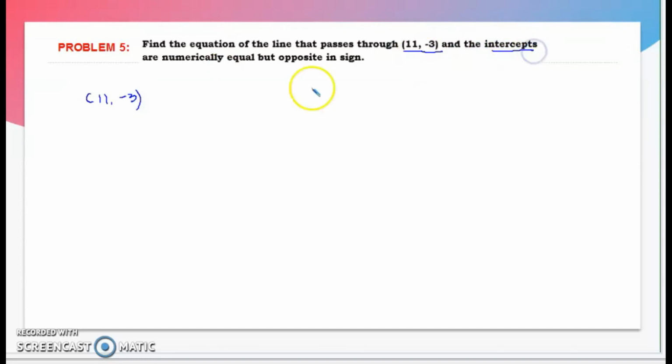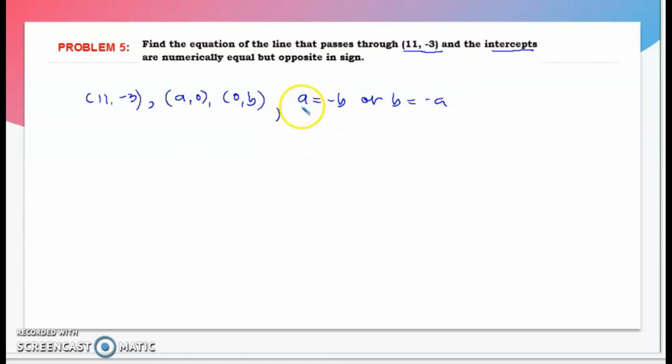And the intercepts. So the x-intercept is (a, 0) and the y-intercept is (0, b). And wherein the intercepts are numerically equal but opposite in sign. So that is a is equal to negative b or b is equal to negative a.